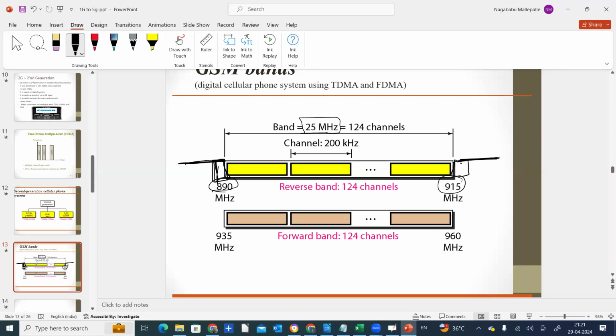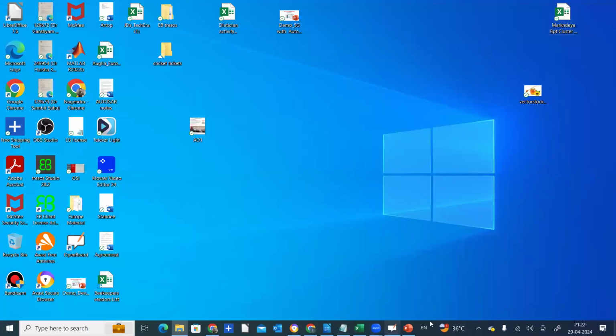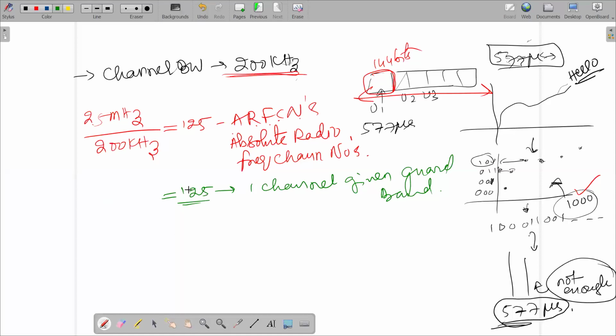Maybe this is given to cellular service, and that to satellite or railway services. They should not interfere with each other, so a guard band will be there on this side and this side. This guard band consumes one channel, so here only 124 channels.